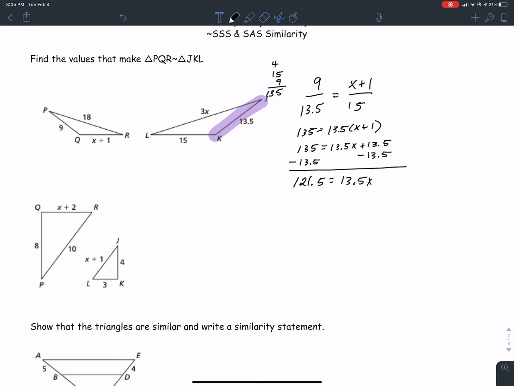Then divide by 13.5. X is 9. Okay? So that creates side-side-side similarity.